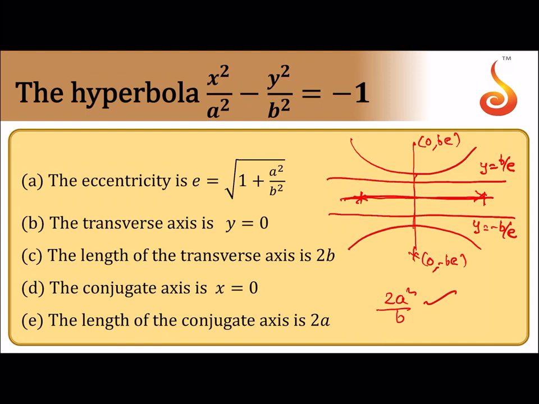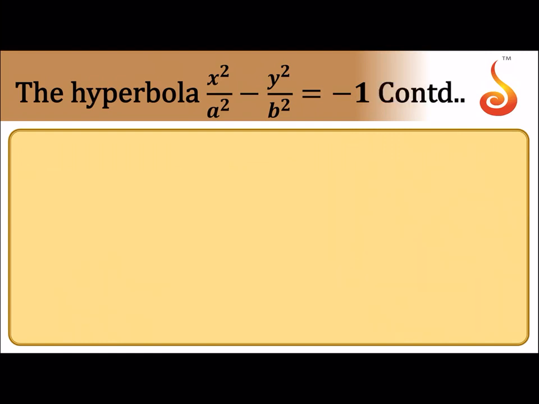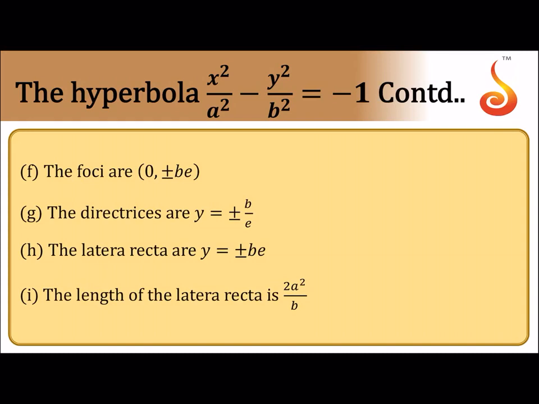And it's a reverse hyperbola, x square upon a square minus y square upon b square equal to minus 1. If I just put y is equal to 0, x you are getting negative. If I put x equal to 0, y is positive. That's why the foci is on y-axis. Very simple to understand. Next one, this is the foci.